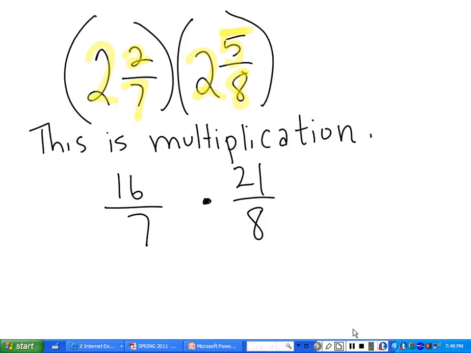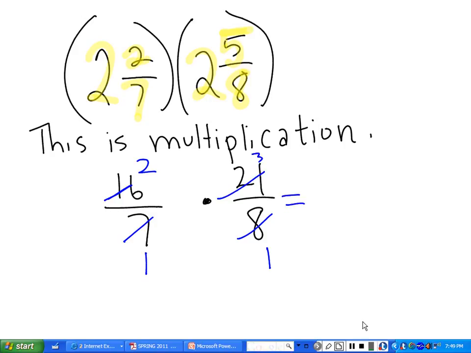Now, can we cross cancel? Yes. 16 and 8, both divisible by 8. So 8 goes into 16 twice, and 8 goes into 8 once. 7 and 21, both divisible by 7. So 7 goes into 7 once, 7 goes into 21 3 times.